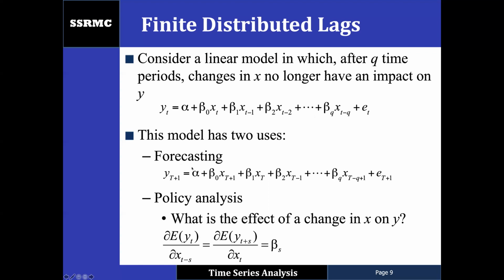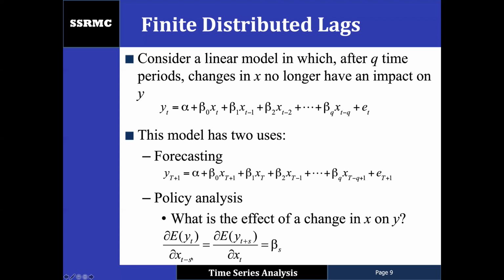One is forecasting. As long as we know the value of x in the last q periods, it's possible for us to estimate or forecast what the value of y is in period t plus 1. Second, we can also conduct policy analysis. For example, if we want to answer the question, what is the effect of a change in x on y, we will look at the marginal effect of the corresponding terms.